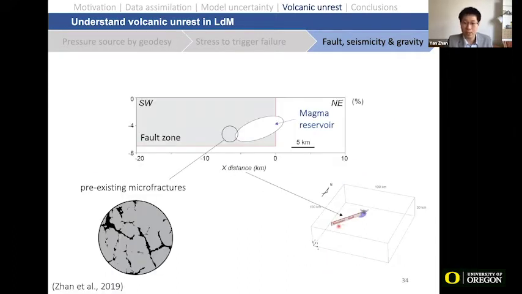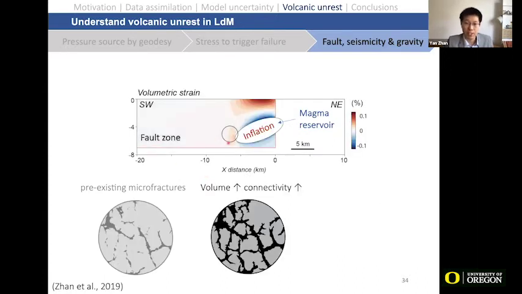So here is a cross-section of this pre-existing fault, which is the Tankershell fault. And this is the magma reservoir, this is the fault. Since it's a pre-existing weak zone, we expect there may be some microfractures in the fault zone.